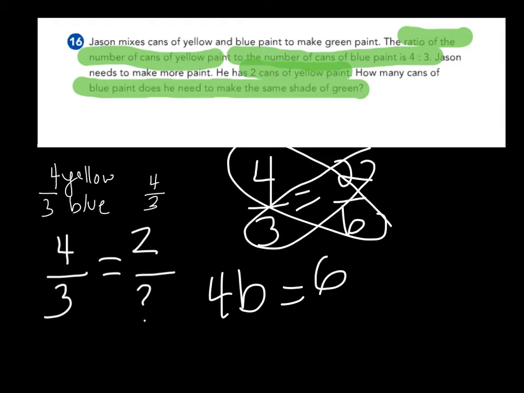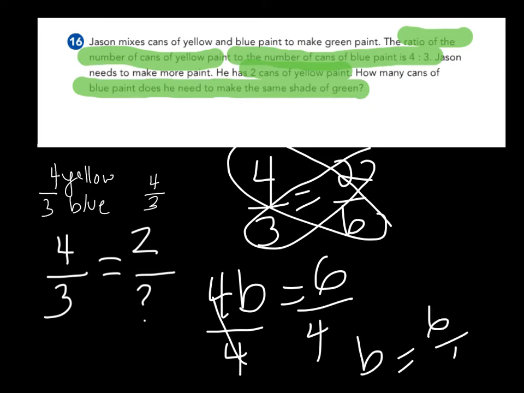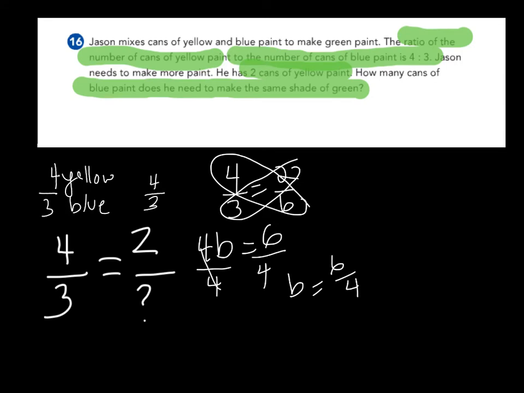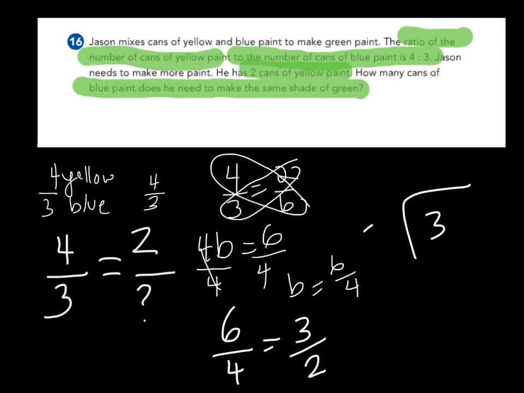is 6. I'm going to isolate B by dividing both sides by 4, and I get B equals 6/4, which I can then simplify. So 6/4 can be simplified to 3/2, or if I want to put it into a decimal, I can do 3 divided by 2.